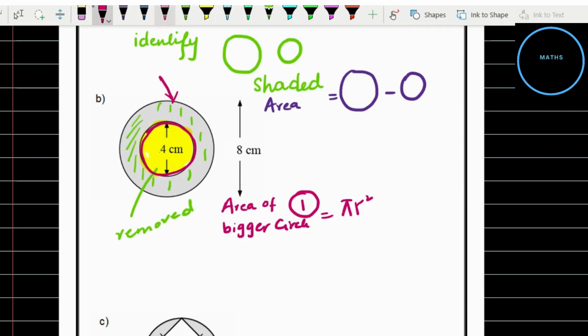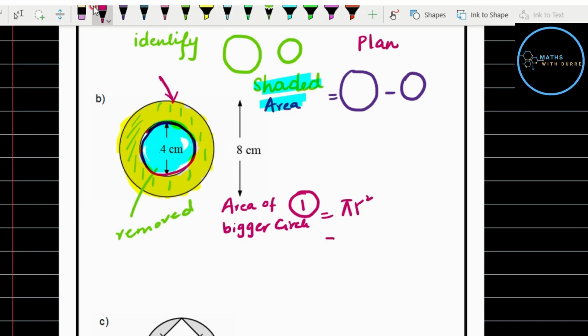So basically we need to calculate only that gray part, and that gray part we can calculate after subtraction, because we have to remove the whole area of this small circle from the large circle. Okay, we have our plan also. This is our plan.